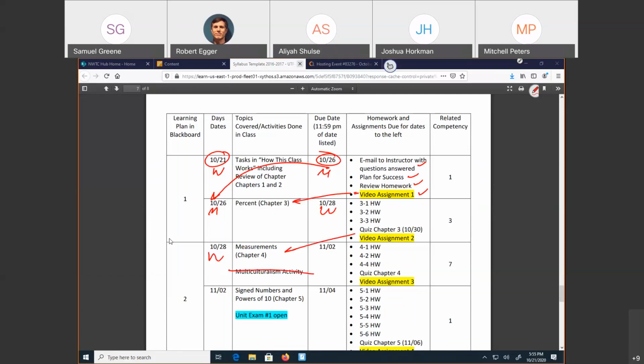Not going to worry about those guys. I'm not a super fan of how they develop this sort of layout, but it shows what's going to be covered, the day of covering, and what was covered that's due. So Wednesday, Monday, same date.